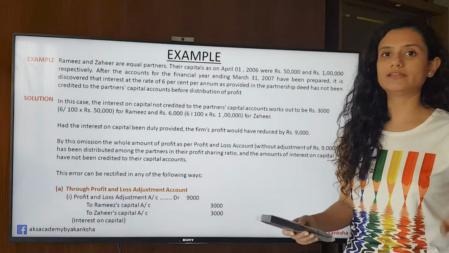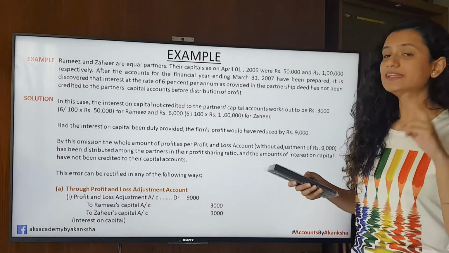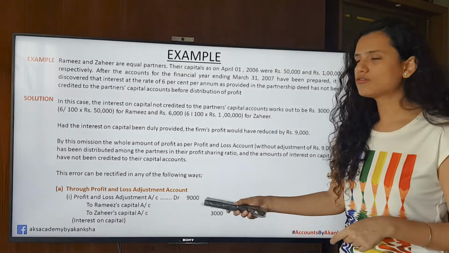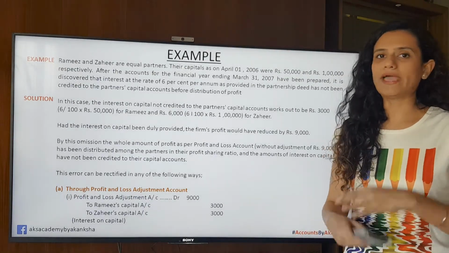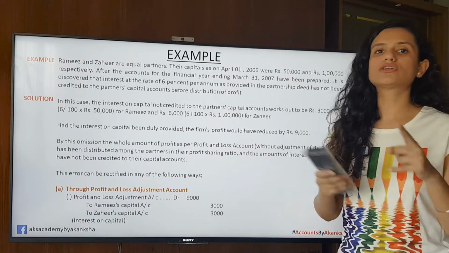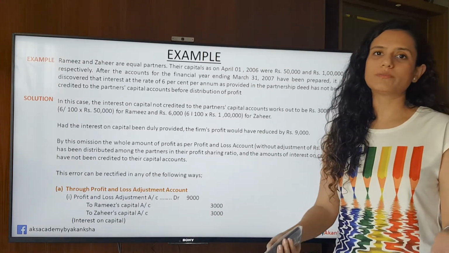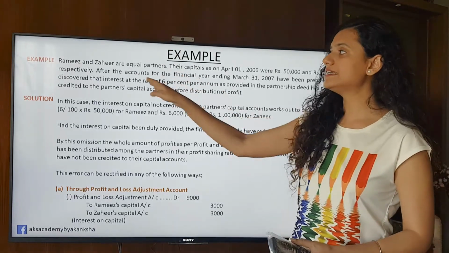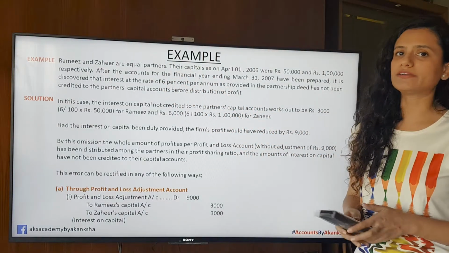So I have corrected that one mistake. The next mistake is distribution of profits, because a loss of 9,000 has now occurred, which was not taken earlier, so now this 9,000 loss also we will have to distribute amongst the partners in their profit sharing ratio, which is equal because they are equal partners.